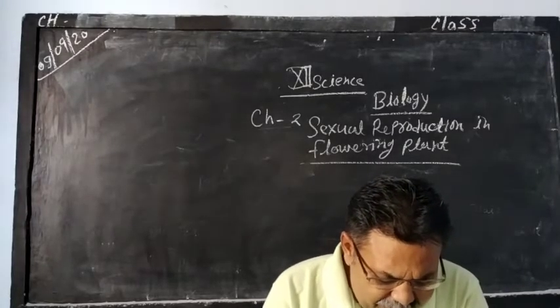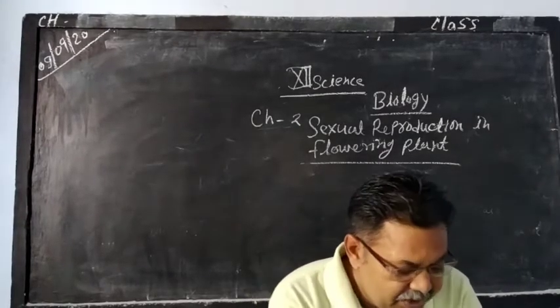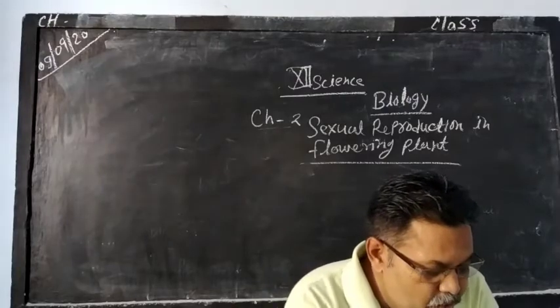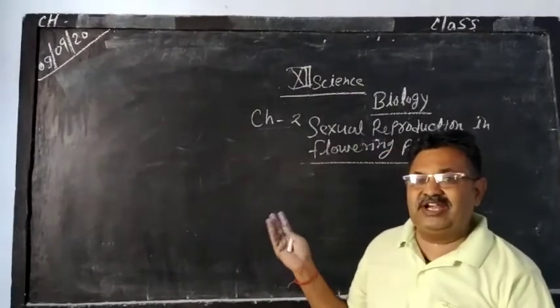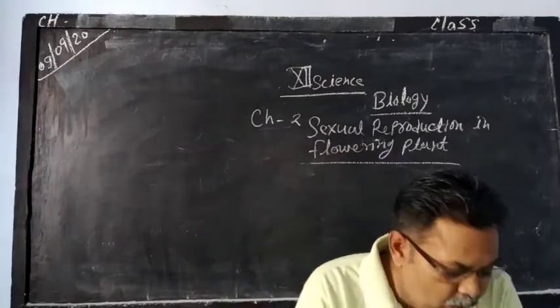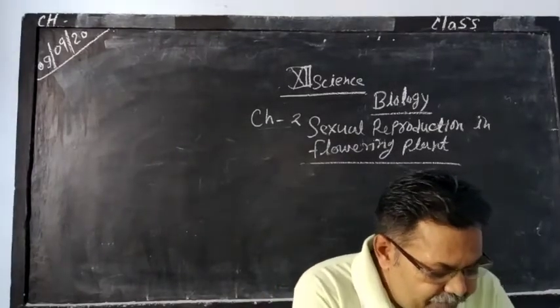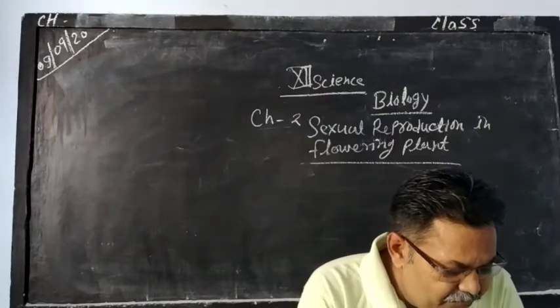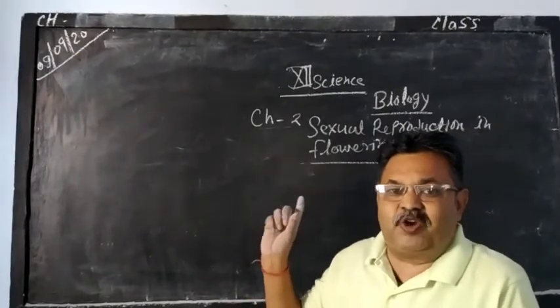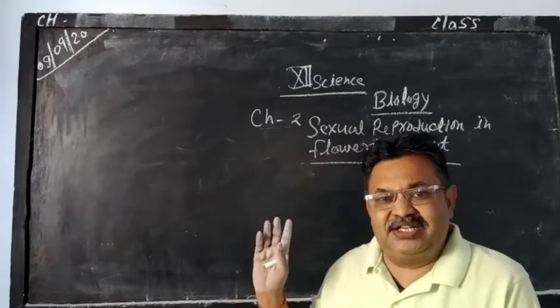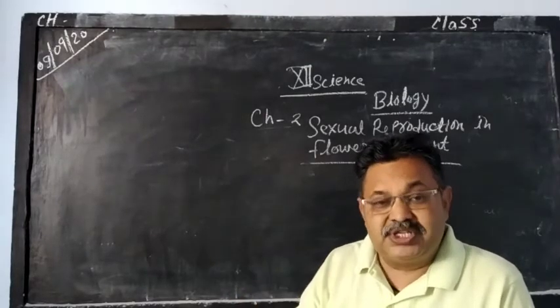Now our next topic is true and false fruit. What is true fruit and what is false fruit? True fruit develops from the ovary. When fruit develops from the ovary, it is known as true fruit.